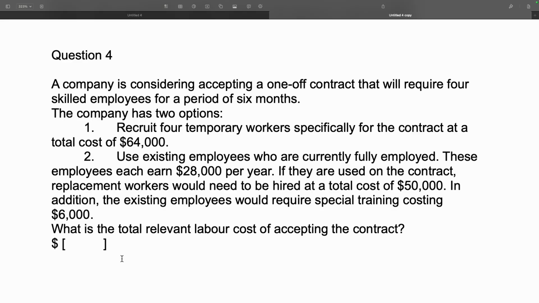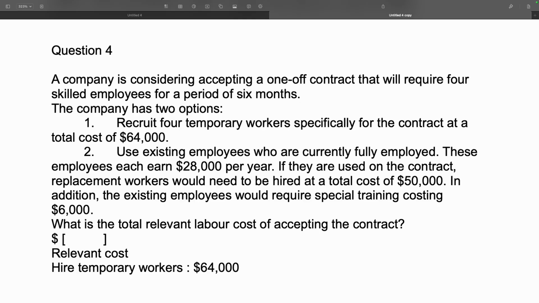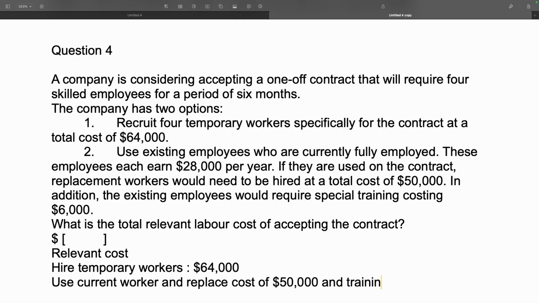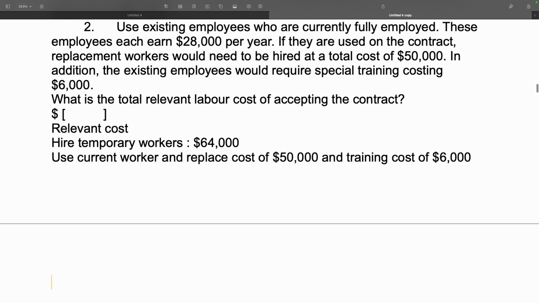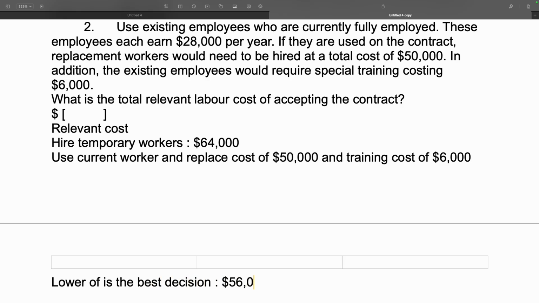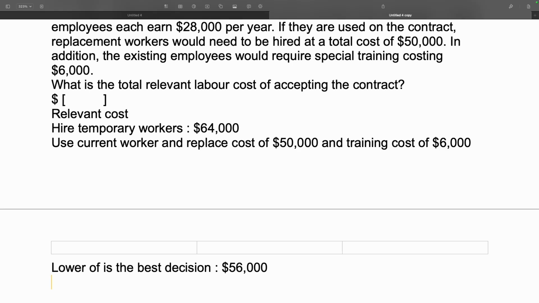So relevant cost is going to be, okay, answer should be 56,000, guys. Answer should be 56,000.